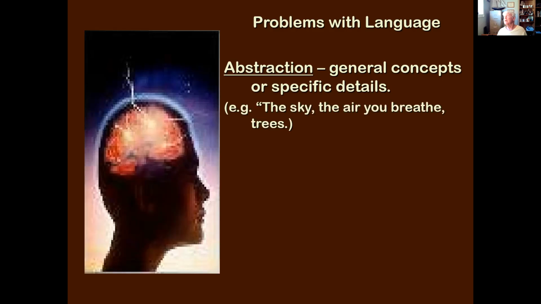Can you see the air? Well, the air is part of that sky, obviously. You can't see the sky, or you can't see the air. You can smell the air. You can feel the air, whether it's calm or blowing hard. It's an abstraction. We know it exists, but how in the world can we help people know it exists when it's an abstract? If I say to you, and you don't know the word air, where's the air? I don't know.